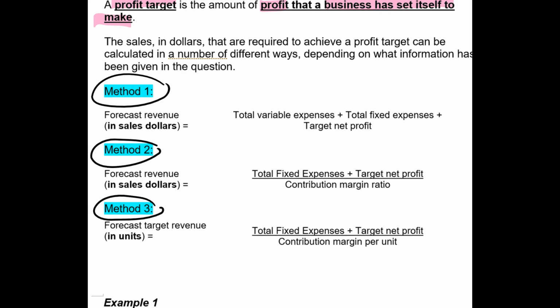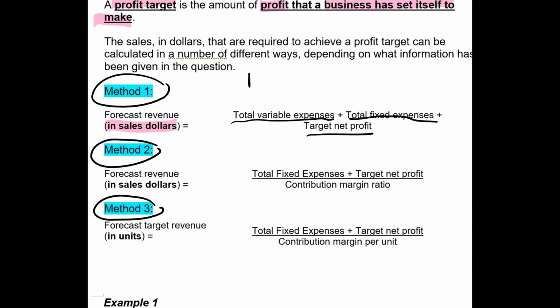So the first method, you can calculate your forecast revenue in sales dollars by looking at the total variable expenses. Your forecast revenue in sales dollars equals total variable expenses plus total fixed expenses plus total net profit. So how we get this formula is very simple.